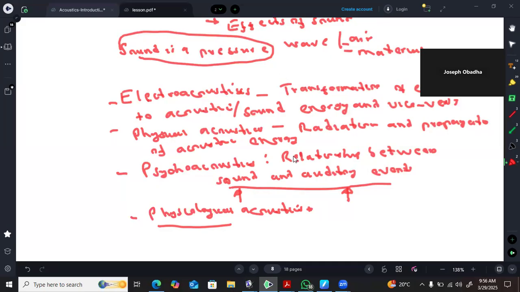If, for example, you hear some music, it can make you sleep. There are some music that have soothing effects. There are some music that have healing effects. So we can have a study of acoustics which relates to the effect that it has on the physiological processes.